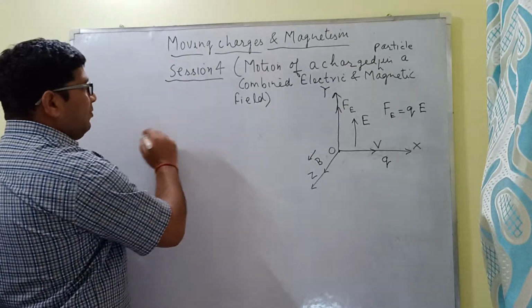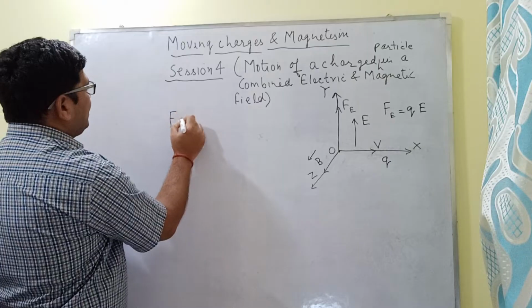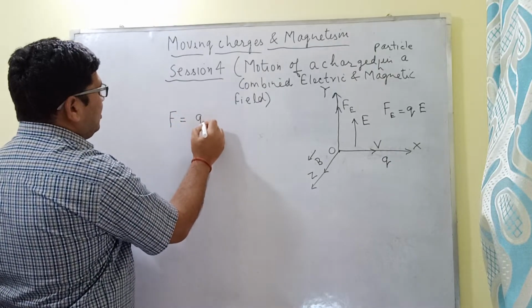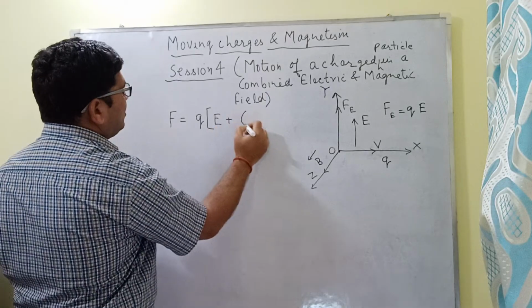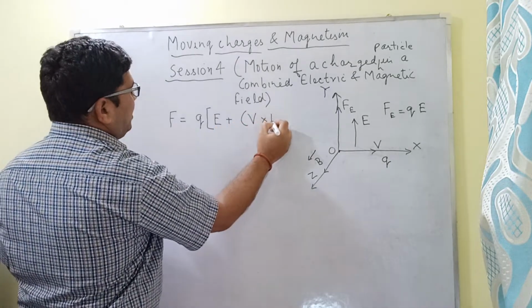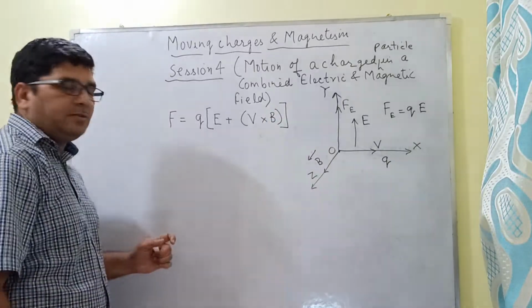So we know that the Lorentz force is given by F is equal to q(E plus v cross B).